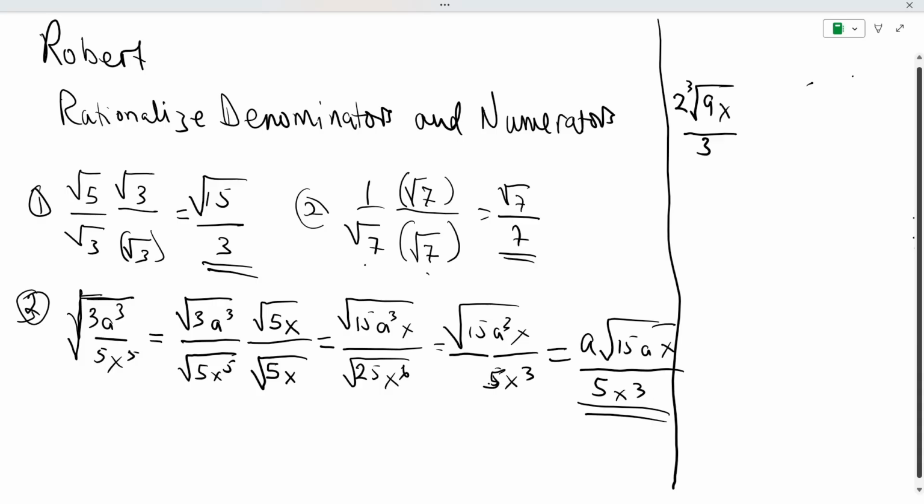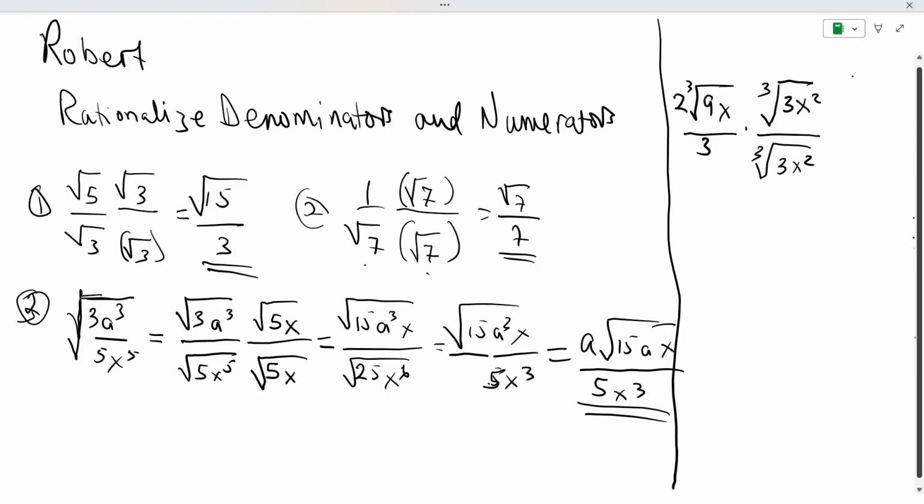So here we look for 3, because 3 times 9 will give us 27, which we can find the cube root of. And then this is x, so we need x squared here, because x squared times x will give us x cubed. And what you do to one part of a fraction, you must do to the other. So even the bottom here, we have to multiply by the cube root of 3x squared.